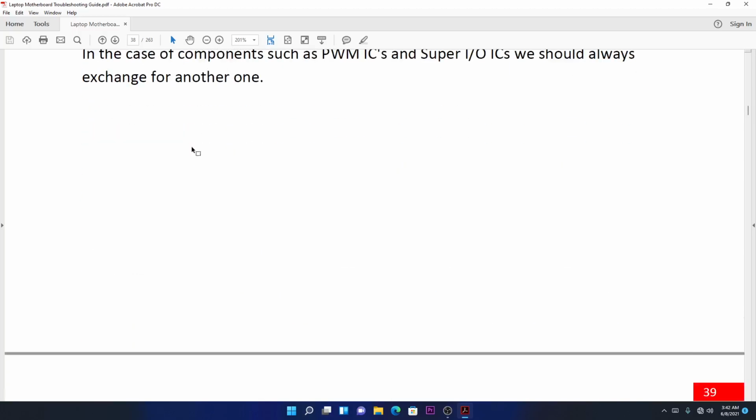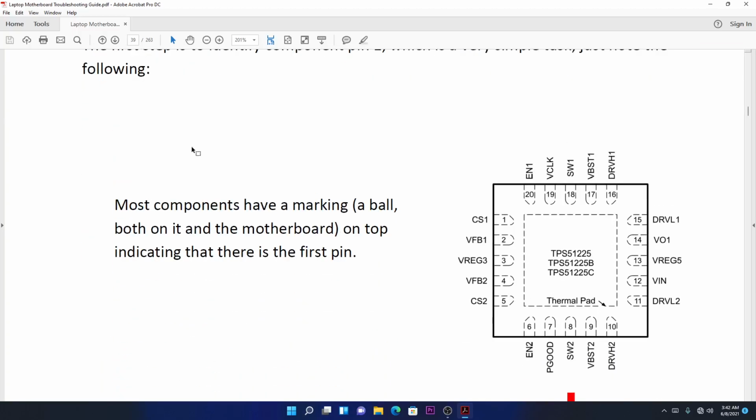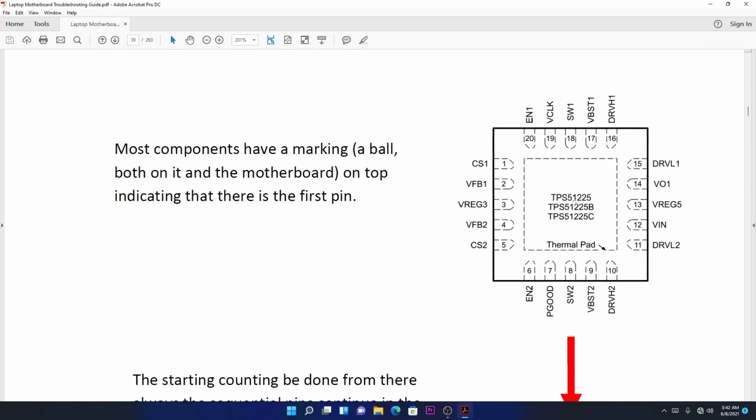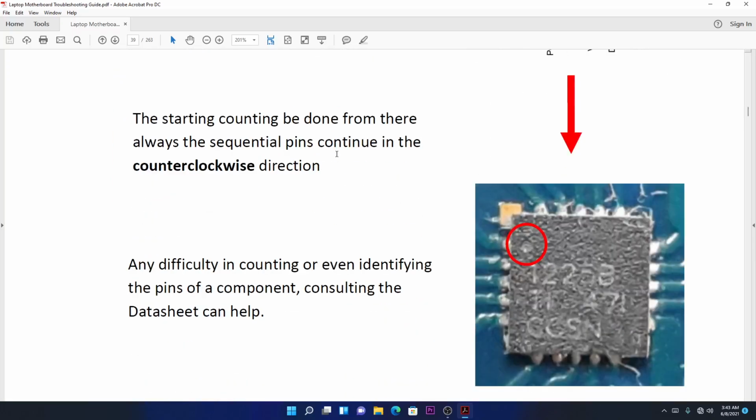Okay, let's say you are looking for this chip. This chip is what? TPS51225. Another one is TPS51225B and 5C. Guys, they will provide you with all the information.